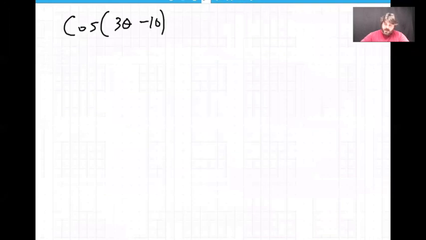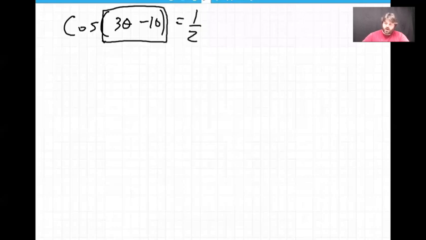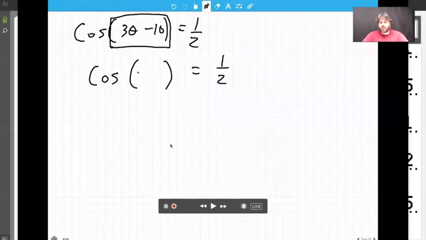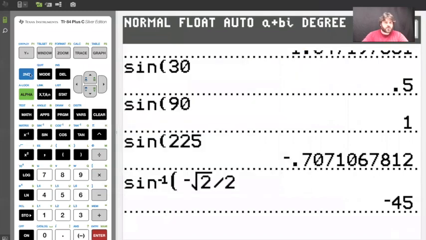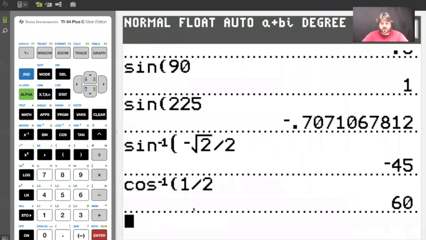All right, so what about this one? The cosine of 3 theta minus 10 equals a half. First of all, we want to know this right here: the cosine of something equals a half. If you know your unit circle or you can do cosine inverse, cosine inverse of 1/2 is 60 degrees.